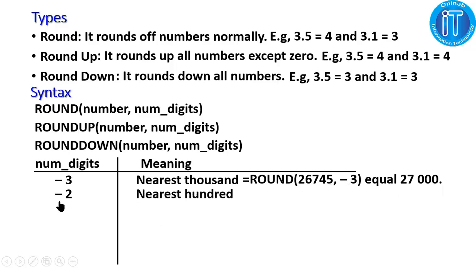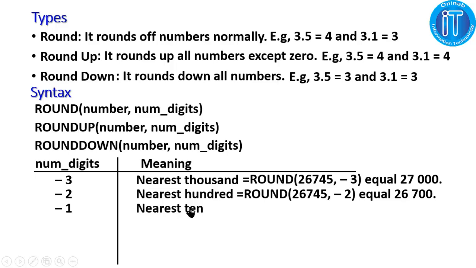Then also, -2 means nearest 100. So if you have equal to round 26745 with -2 as the num_digit, it equals 26,700, because -2 here means to the nearest 100. So we have it as 700.